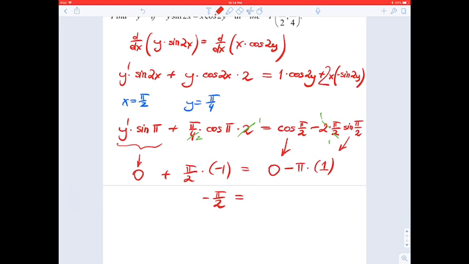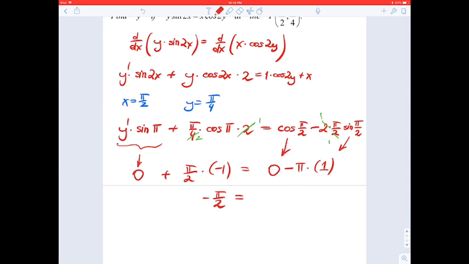Because I don't have my y prime. I think I made the mistake here because I was rushing and I was focusing that I don't have enough room. Okay, one more time. This is supposed to be 2y prime. Let me erase this. It will be the same thing. Product rule. Okay, derivative of x is 1 times cosine of 2y plus x.